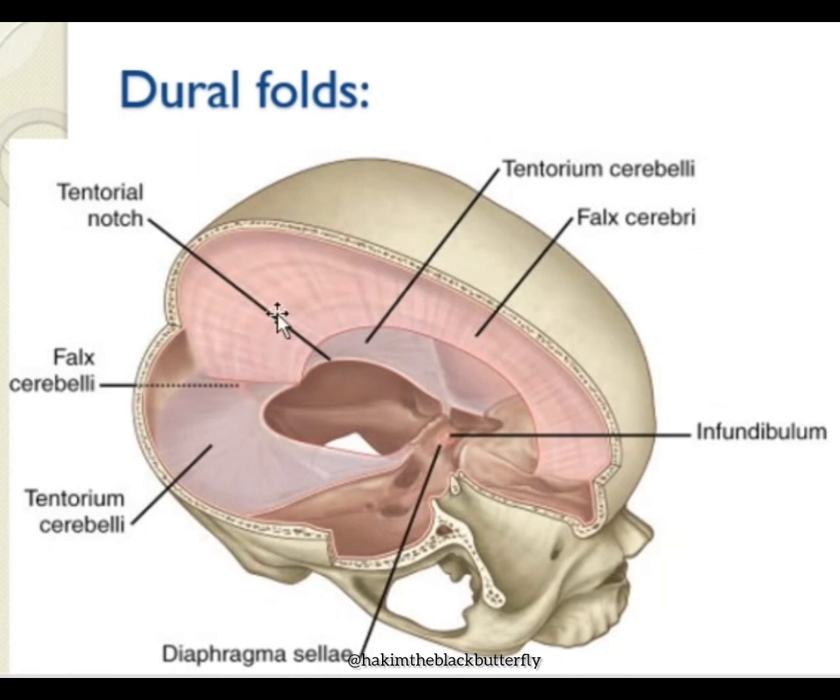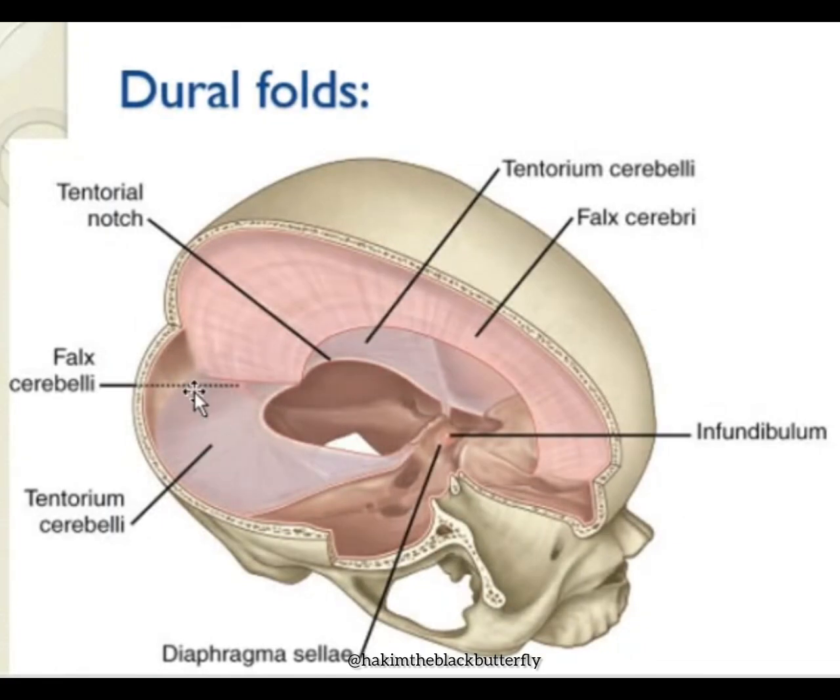It is between the two cerebral hemispheres. It meets a horizontal fold of dura mater, known as the Tentorium cerebelli. So the Falx cerebri meets the transverse Tentorium cerebelli at a right angle.